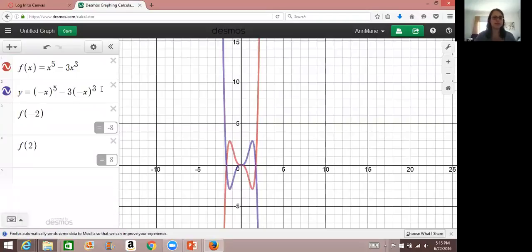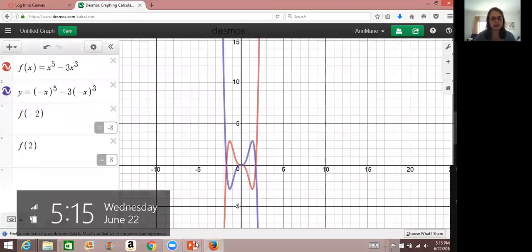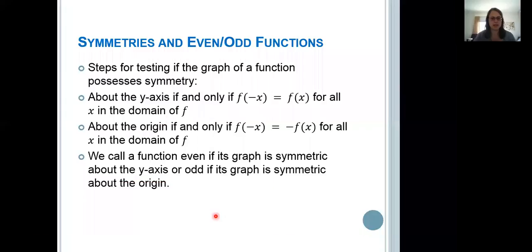The purple line represents that same thing with all of the x's replaced with negative x's. Do you see the relationship? One of them is the other one turned upside down. What that means is if I put in negative x, I get out the opposite of y. So that's what this statement means. It means that f of negative x equals negative f of x. This function is symmetrical about the origin.